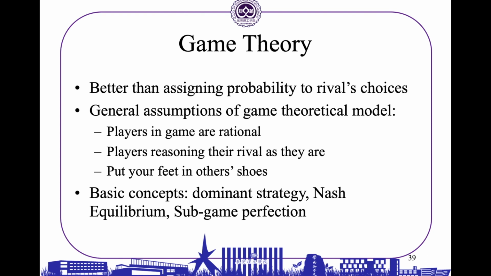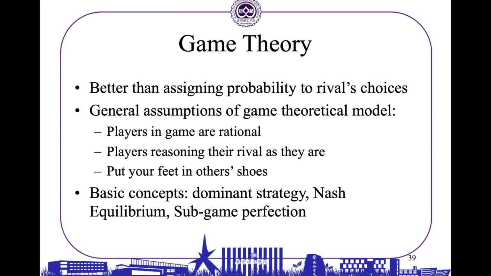Game theory is a better way to analyze situations of strategic interaction than assigning a probability distribution to rivals' reactions. It assumes all players in the game are rational. Each player infers their rivals' reactions as if they were their rivals. That is, a player in a game theoretical model should put his feet into his rival's shoes.